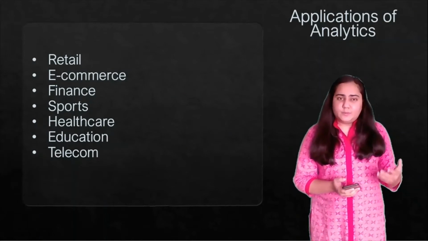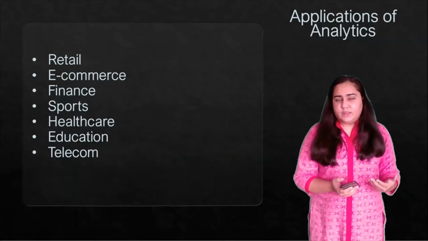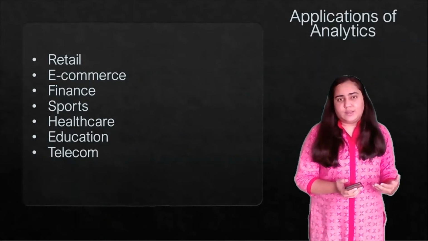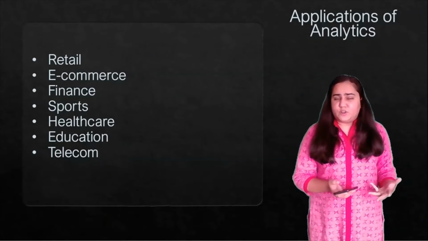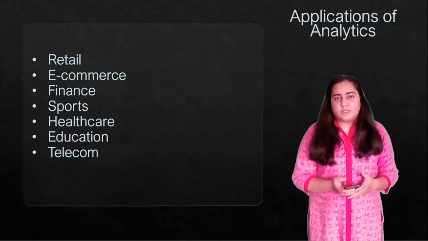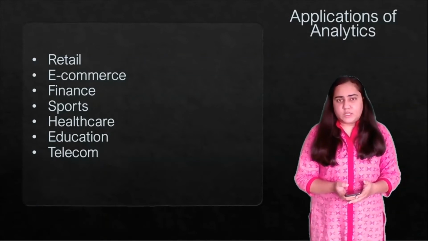So this way it helps you to do inventory. You are buying things based on analysis, so that way you won't be left with surplus products at the end of the year, and you won't be at a loss. So this is another way analytics can help in retail.